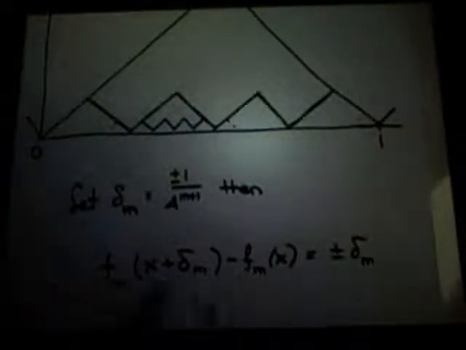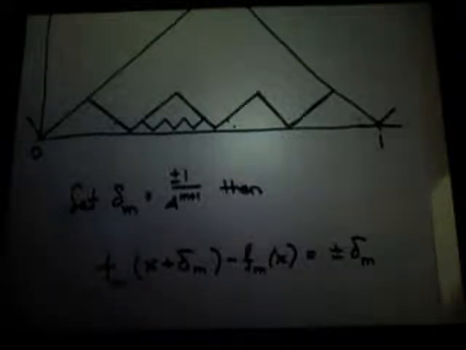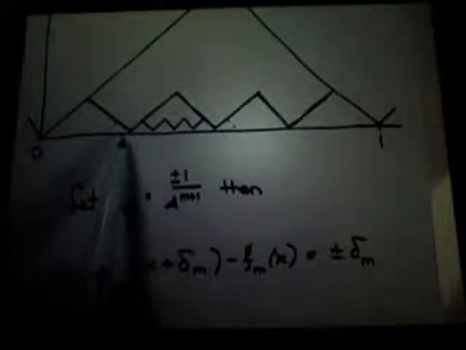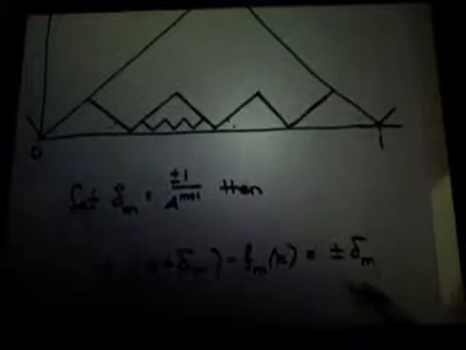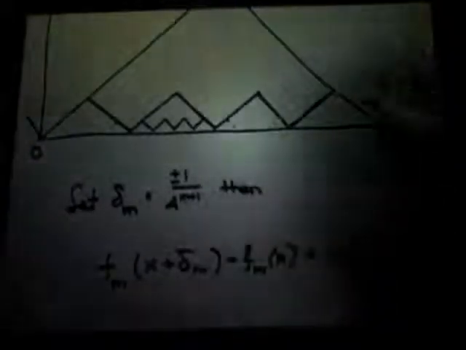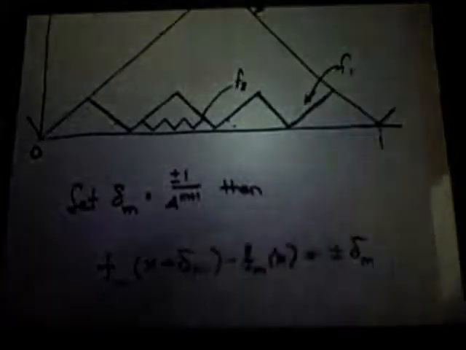Remember, delta m is 1/4 of the base of a sawtooth defined by f sub m. So this is f_0, this is f_1, and this is f_2.